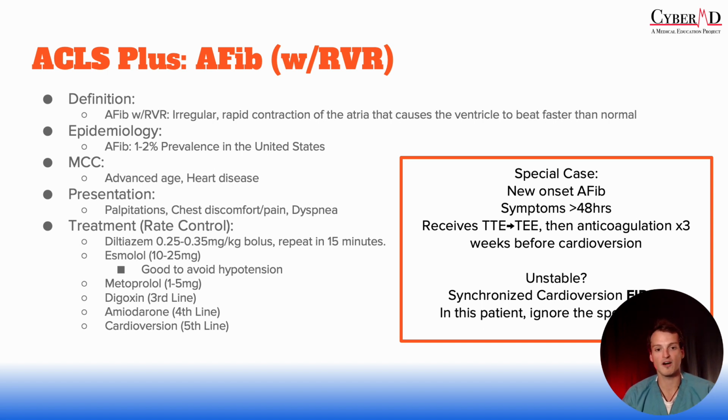And the most common causes can include advanced age and heart disease, and these patients may have any range of heart disease, including valvular diseases, coronary artery disease, just a very broad umbrella to say that, if they have other heart problems, that's probably going to predispose them to atrial fibrillation as a subsequent issue.